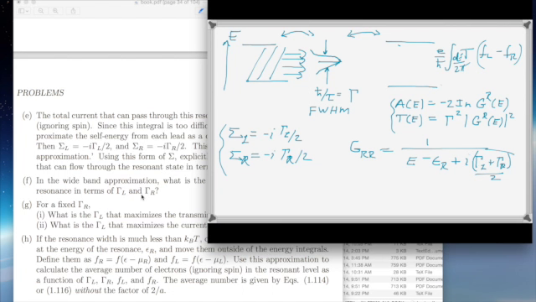That would be the general form if you approximate the self-energies like this.